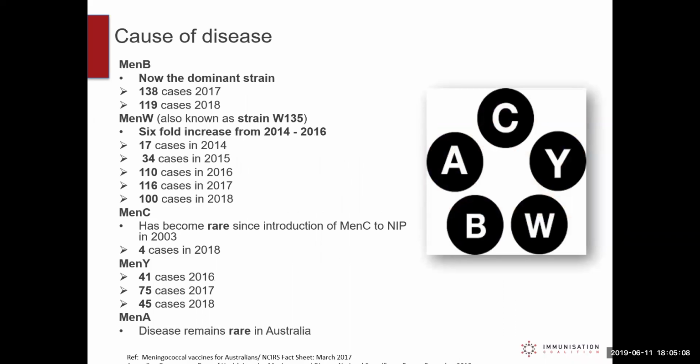If we look at the causes and the particular strains that are dominant, obviously Meningococcal B is the one that raises the biggest question mark. We definitely see more cases of Meningococcal B right across Australia, and in certain age groups, but then again all across our age groups, and we'll show you some graphs a little later in the presentation.